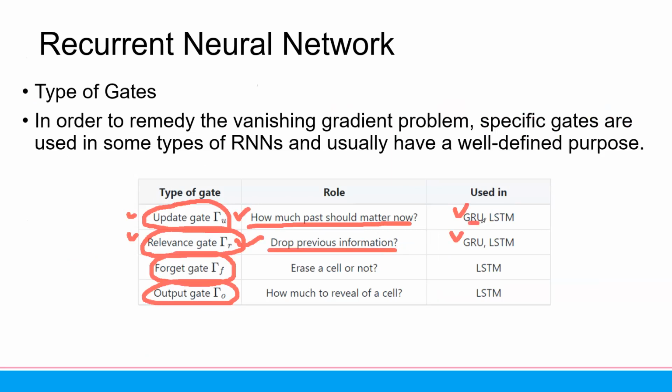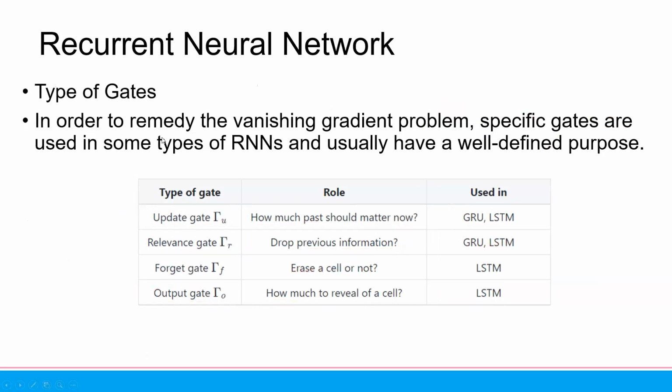The LSTM has another gate, the forget gate and the output gate. The forget gate means I will erase the information that is not important, and the output gate decides how much of the cell to reveal.